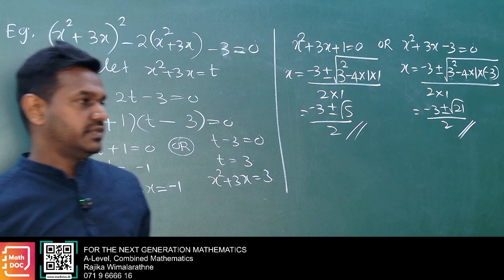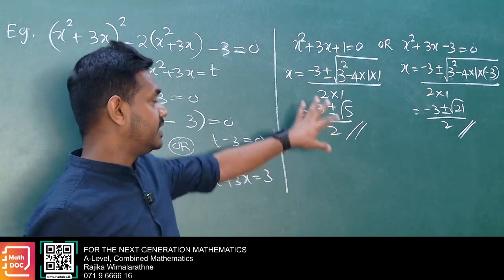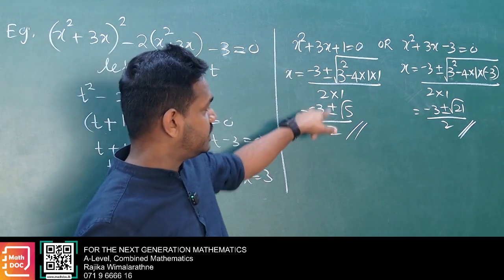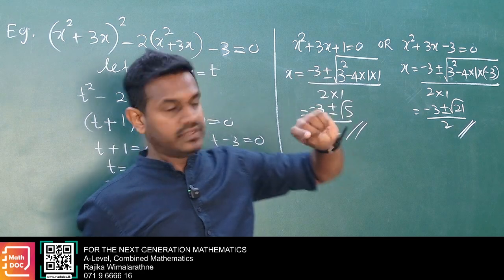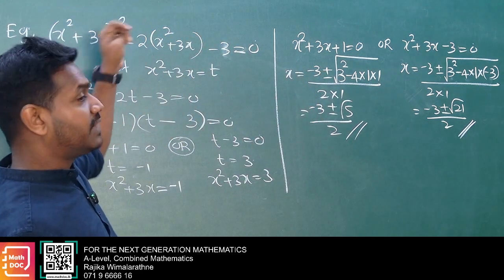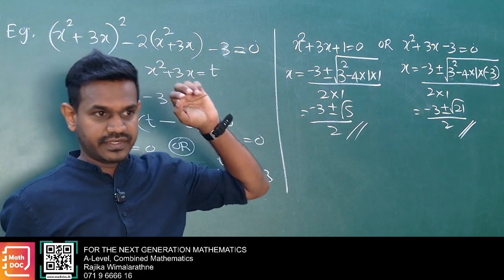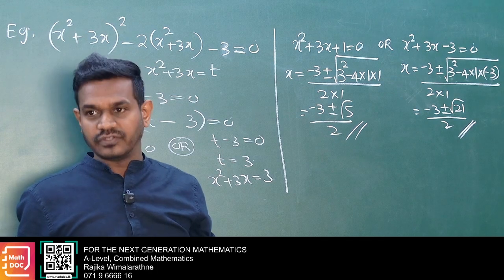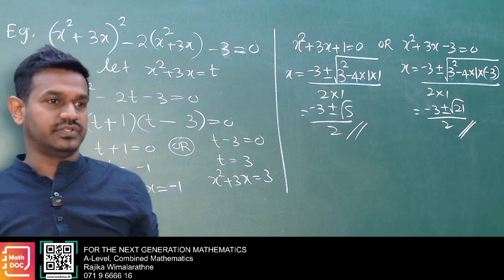Likewise, you can get solutions. Anyway, we got 4 solutions here, 2 and 2, all 4. Here, when you expand, you get a biquadratic. Then biquadratic has 4 solutions.